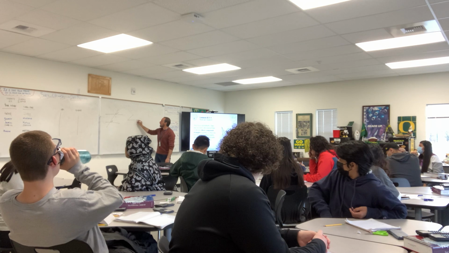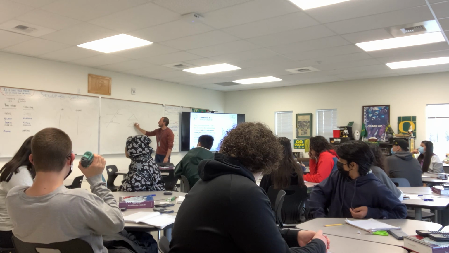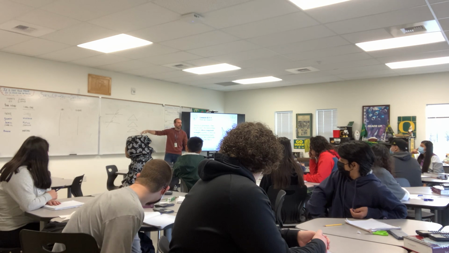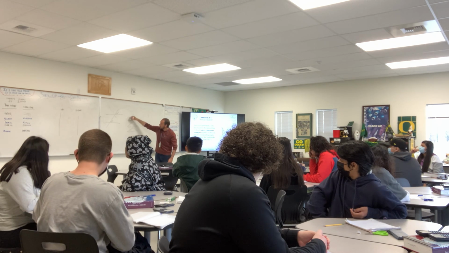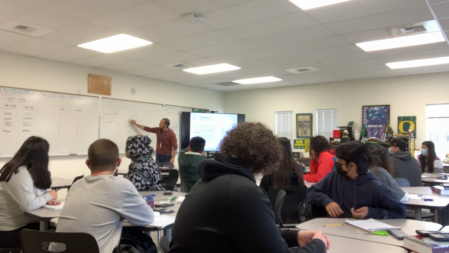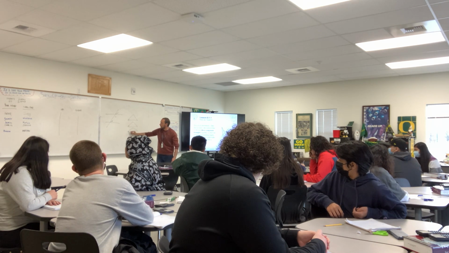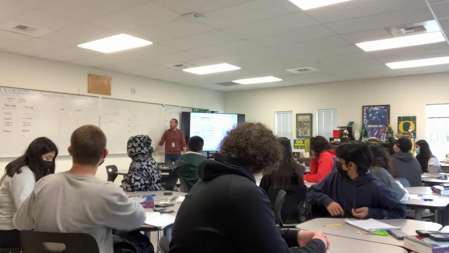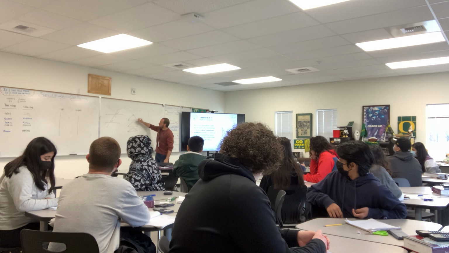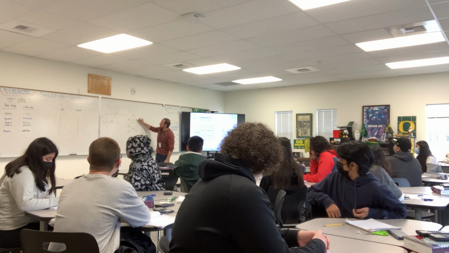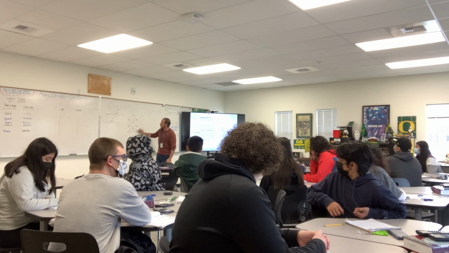If I have 3 identical triangles, again, use your imagination, my drawing's not going to be perfect. This, and this, if they have equal measurements, are congruent triangles. These 3 are all going to be equal, and these 3 are all going to be equal.